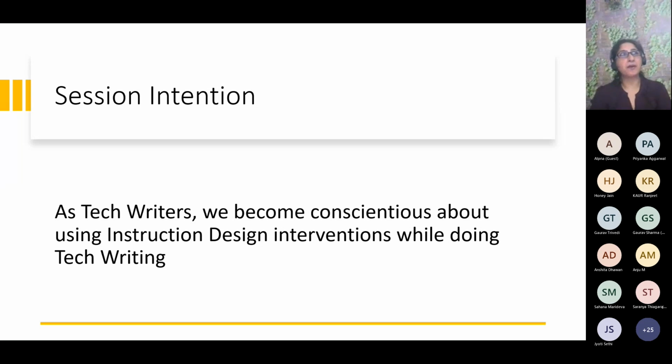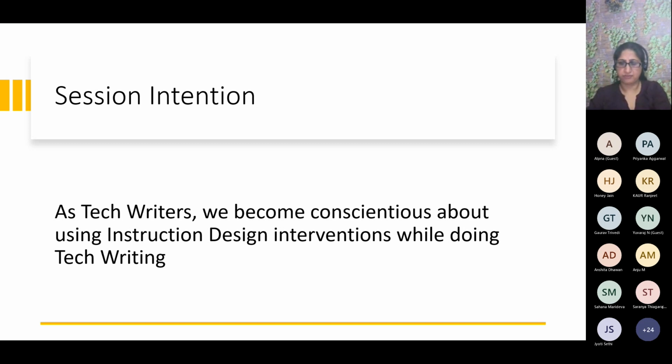When I spoke with Anshita about the session and when I volunteered, I chose this topic, using instructional design in tech writing, with an intention. My intention was to share what I have learned as an instructional designer, or what I know in instructional design, and if we could use some of its principles while we do technical writing, I think it will be really nice.